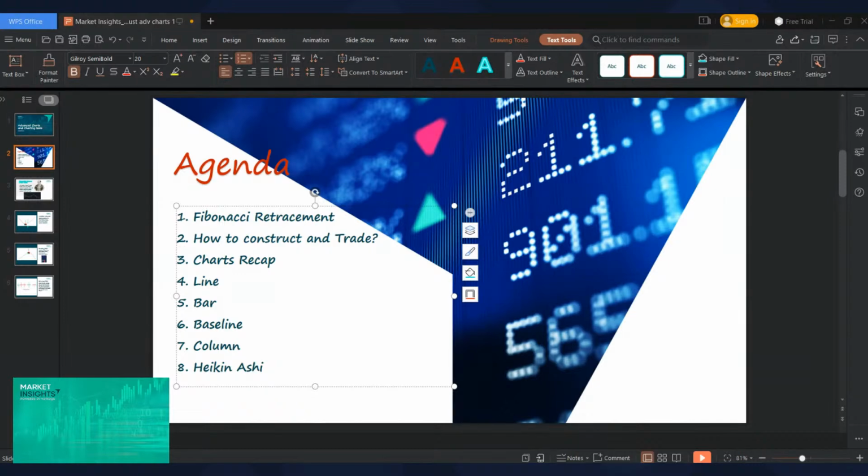There is a 38.2% level, a 61.8% level, a 50% level, a 78.6% level and a 100% level. And if we overextend this Fibonacci retracement, it goes up to the 161.8% level. I will show you on the chart.